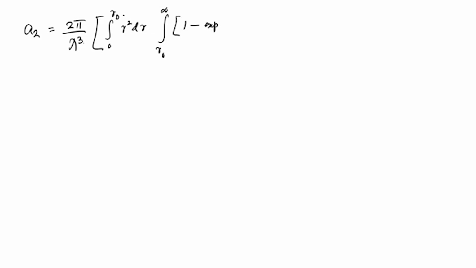So, your A2 becomes equal to 2 pi over lambda cubed, and we have this as 0 to r0, r squared dr, and r0 to infinity, we have 1 minus exponential of u0 by kT.